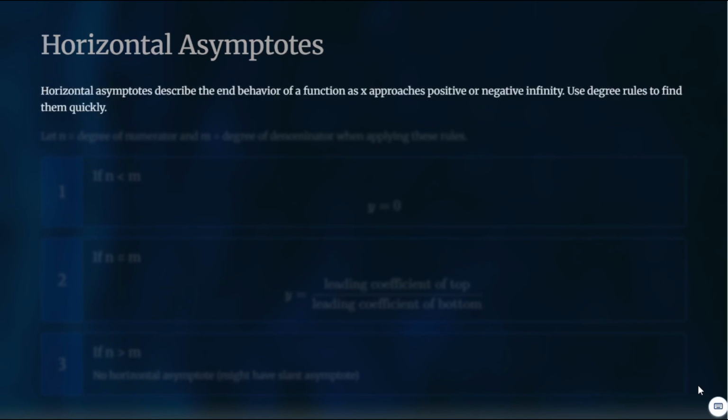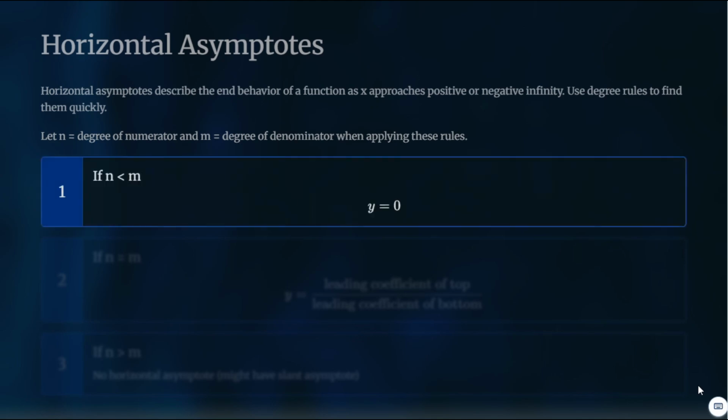Horizontal asymptotes describe the end behavior of a function as x approaches positive or negative infinity. So we'll use degree rules in order to find them quickly. If we let n be the degree of the numerator and m be the degree of the denominator, we can use these rules. First, if n is less than m, we'll have a horizontal asymptote at y equals 0.